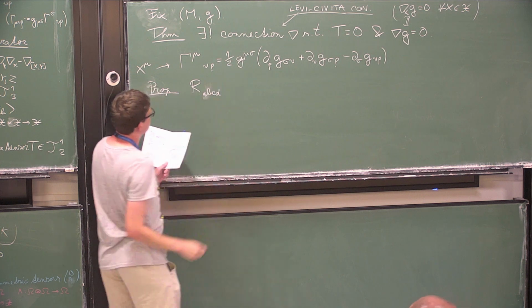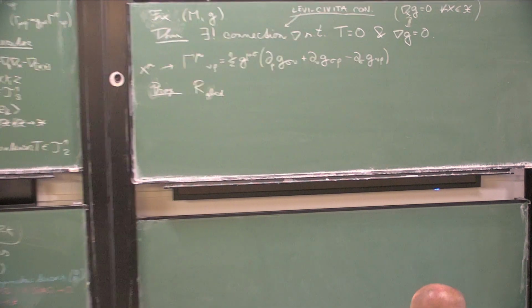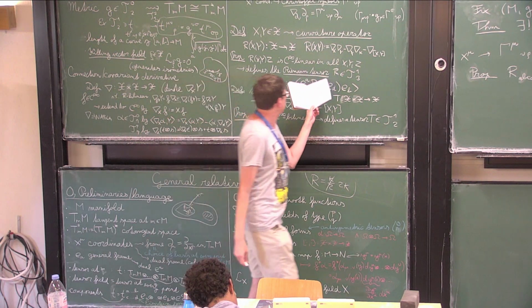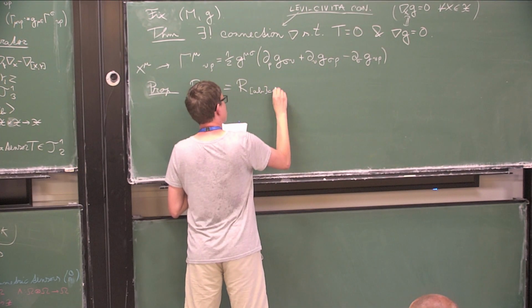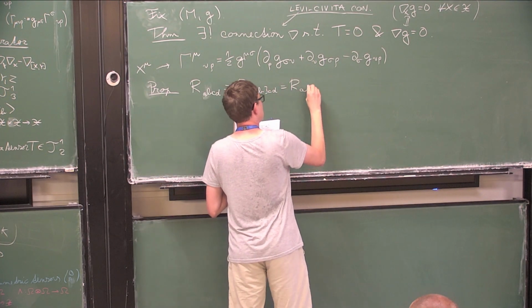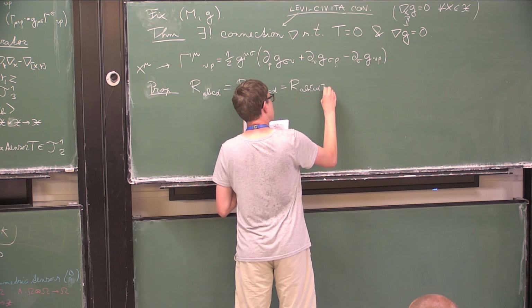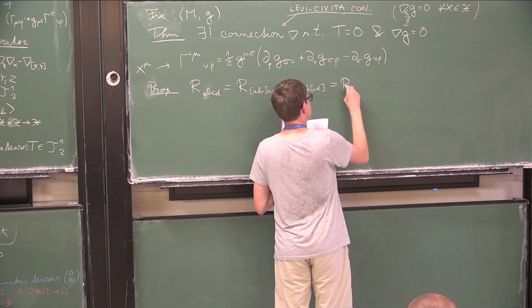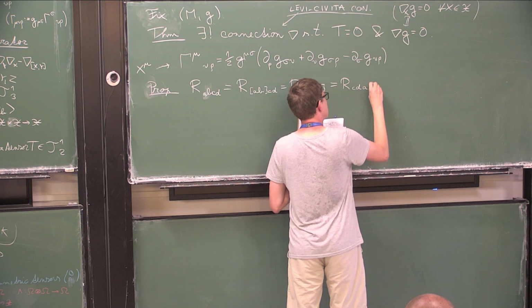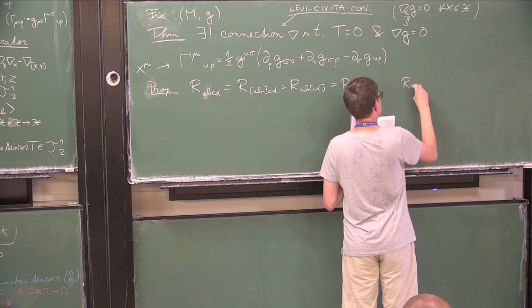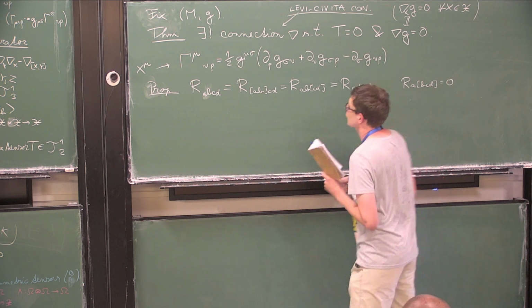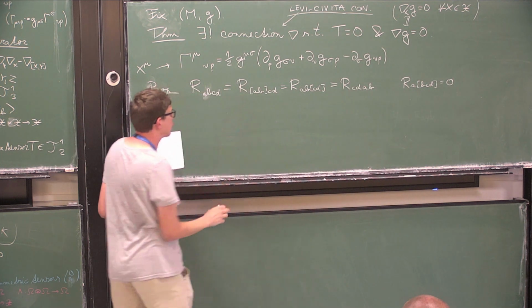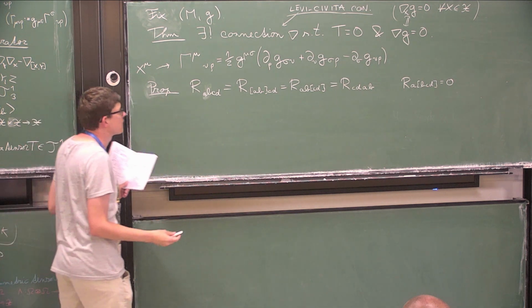If I lower the index on the Riemann curvature tensor, so that I get a tensor of type (0,4), I will write the following thing, and then I will explain the notation. In all cases these are A, B, C, D. I don't know if you can read my handwriting.